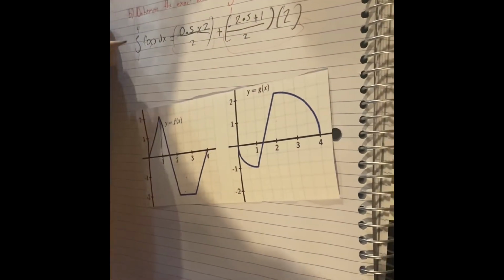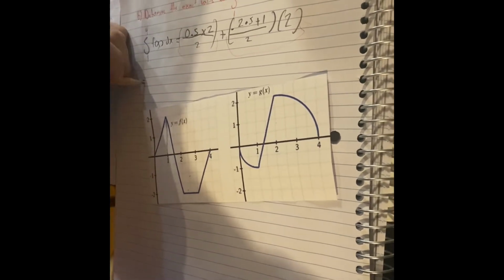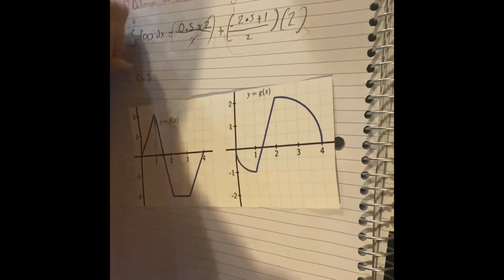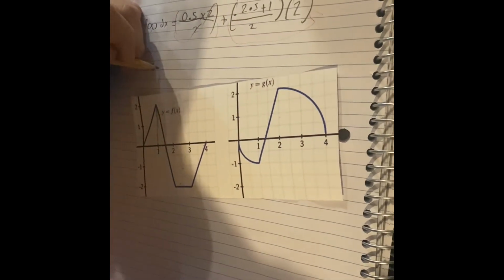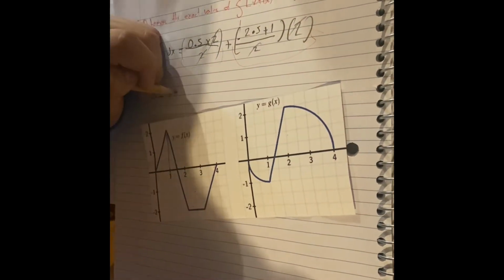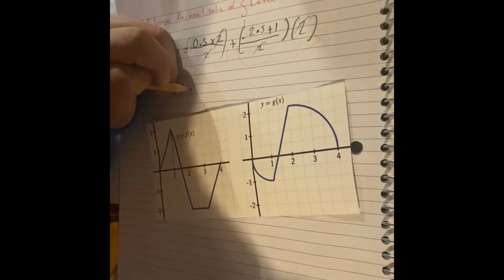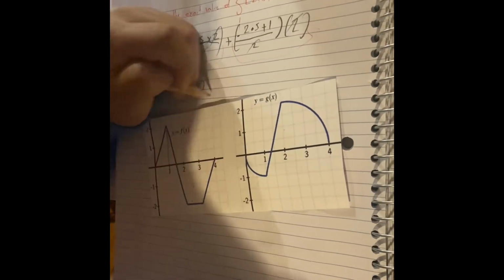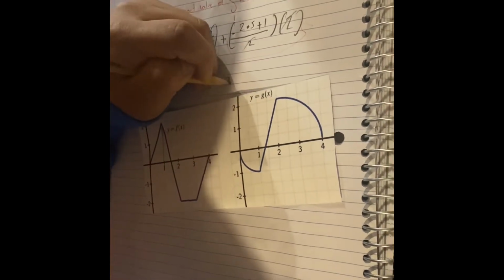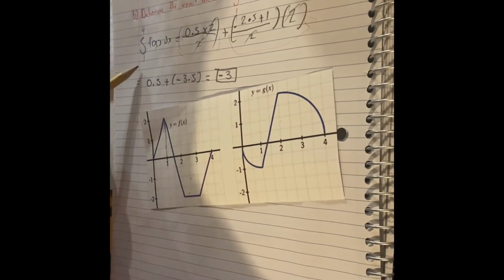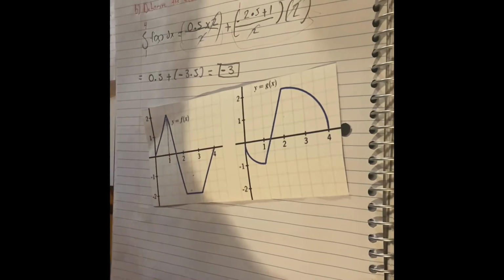So it's gonna be 0.5, because we cancel this out, plus we cancel this out too, minus 3.5, this is negative area, it's gonna equal -3. So this is the area of the integral from 1 to 4. So this is this, okay?